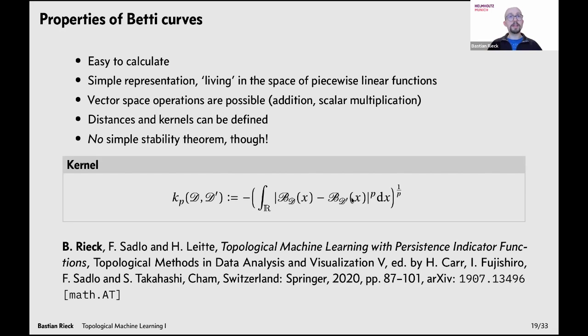I'm just mentioning this because in the meantime, between writing this up and sending it out, a lot of people also did something with Betti curves, and so I don't want to claim that I'm the first one or the only one who did anything with this. At the time when we wrote this, we were the only ones writing this out, which also means that it has this weird title here, persistence indicator functions. We didn't really think ahead with this one, and so now the proper moniker should be Betti curves, I think.